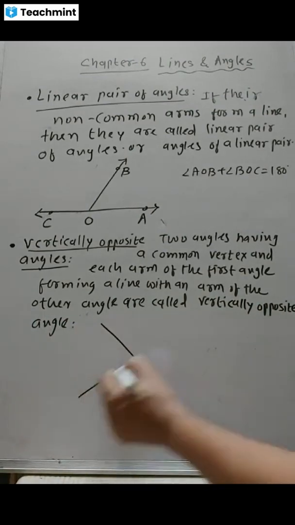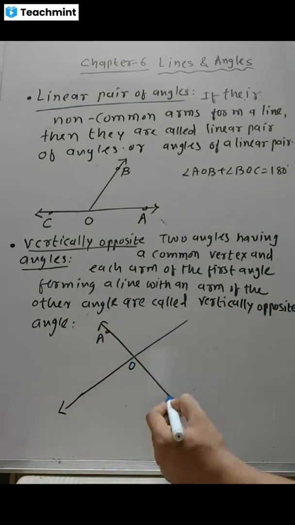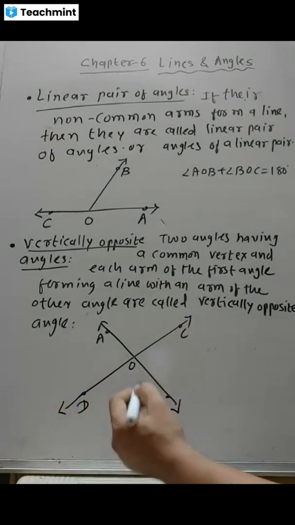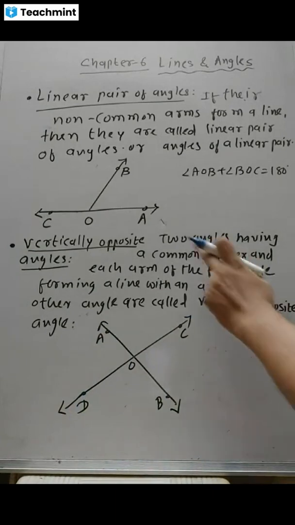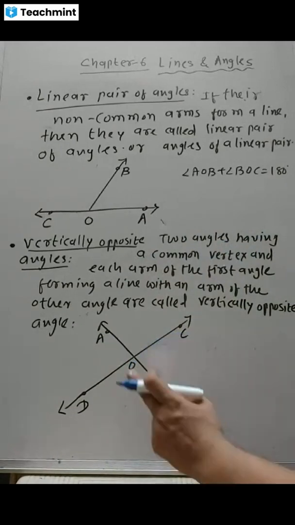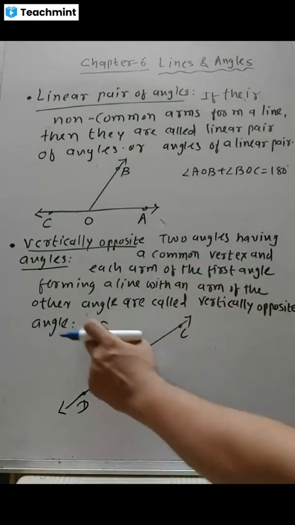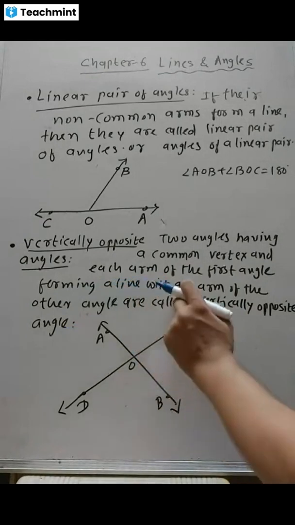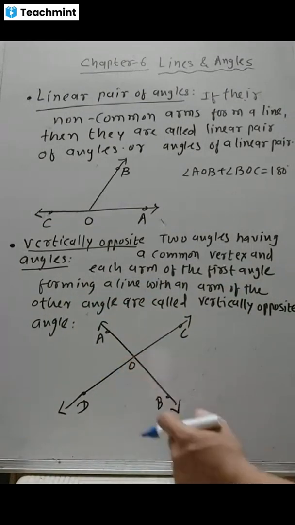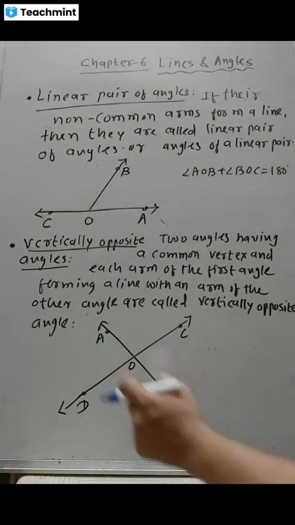Both line AOB and line COD, that is, line AB and line CD, intersect at point O. Angle AOC and angle BOC have a common vertex O. Each arm of the first angle, ray OA, forms a line with an arm of the other angle, ray OB.